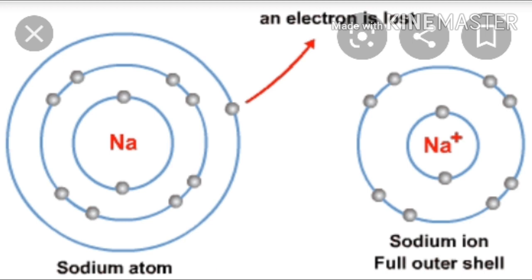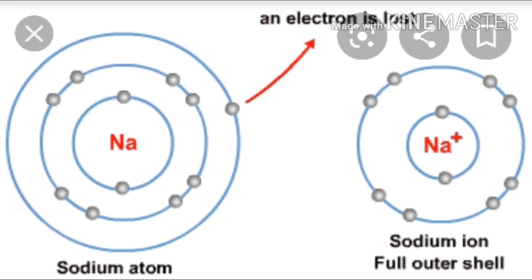As we saw earlier, this sodium atom tends to lose one electron in order to attain the inert gas configuration of neon, that is 2, 8. So if it loses one electron, the sodium atom will become a sodium ion, Na+.